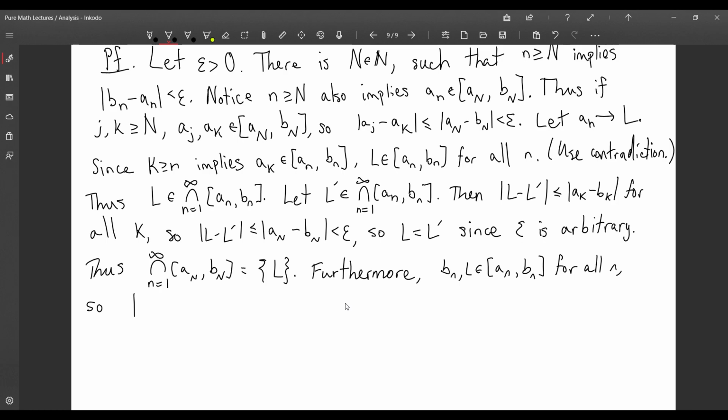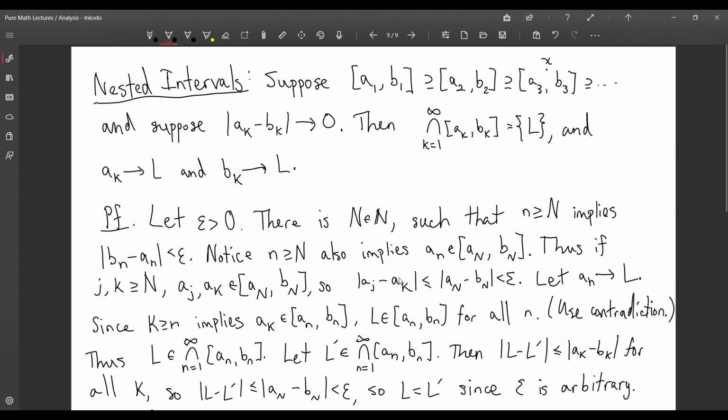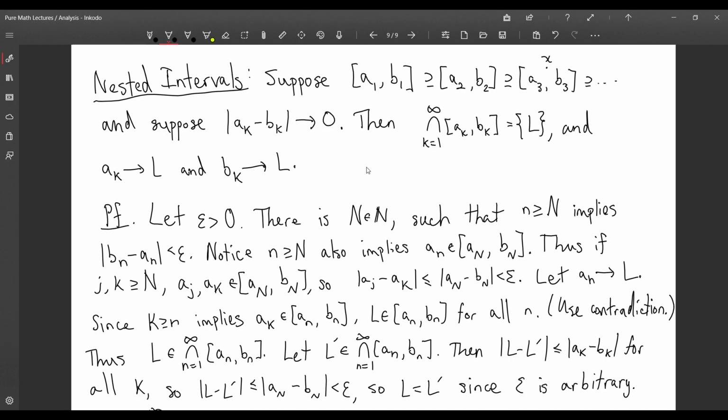So the distance between b sub big N and L is less than or equal to b sub big N minus a sub big N, which is less than epsilon. So b sub n converges to L. And that completes the proof of the nested intervals theorem.